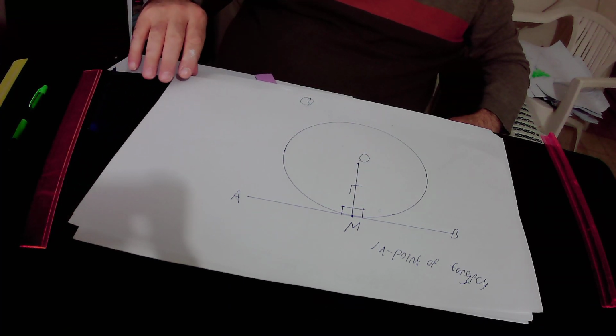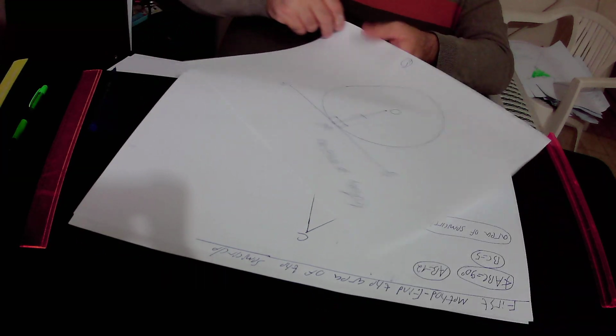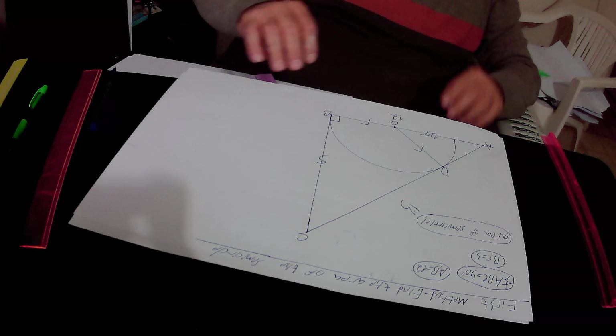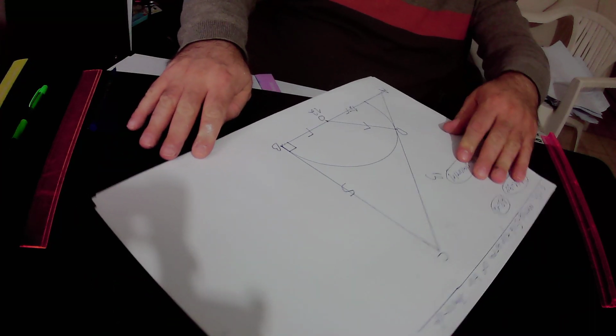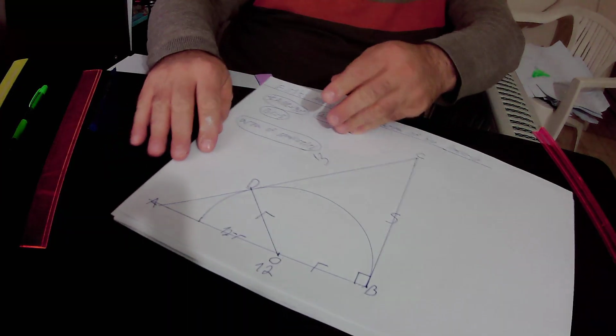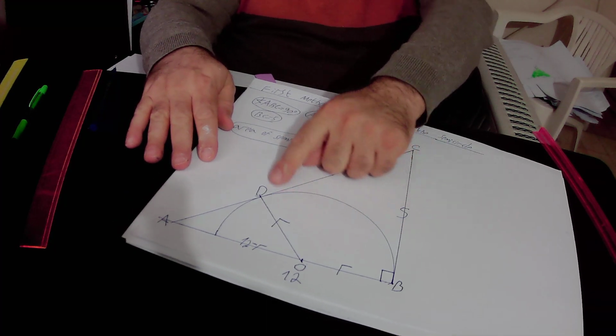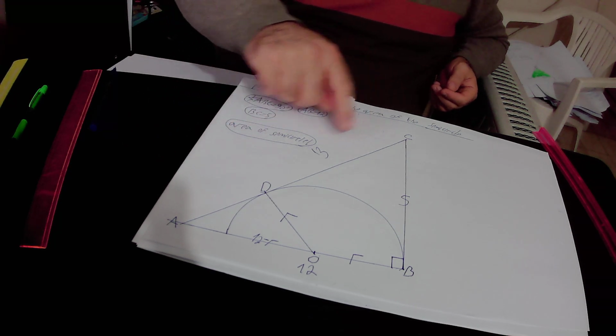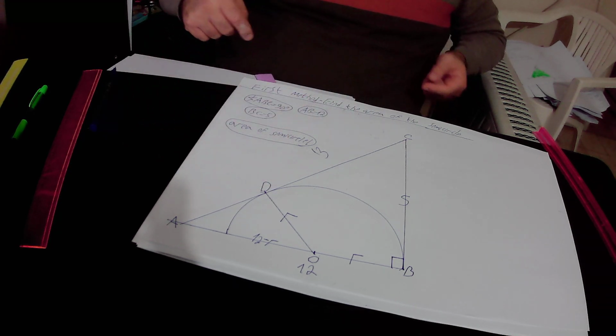So we can implement rule number 1 in our drawing, because in our drawing we have this radius. We know that point D is the point of tangency of tangent CA with this semicircle, and we have this radius.